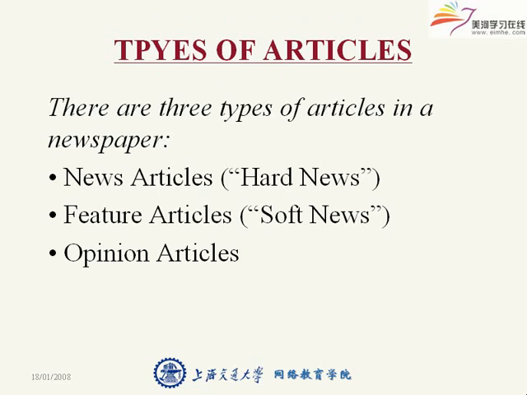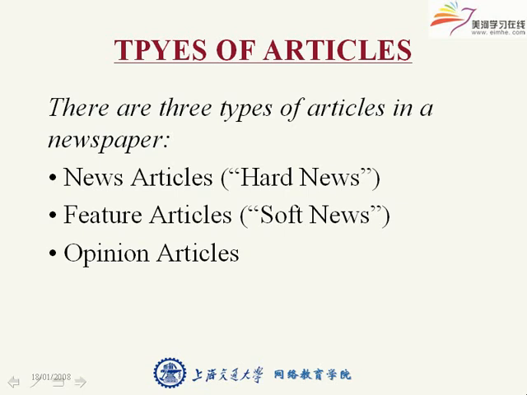Typically, the most important information is in the body of the text. Then we have opinion articles, which present a point of view. Here the most important information is contained in the introduction and the summary, with the middle of the article containing supporting arguments.